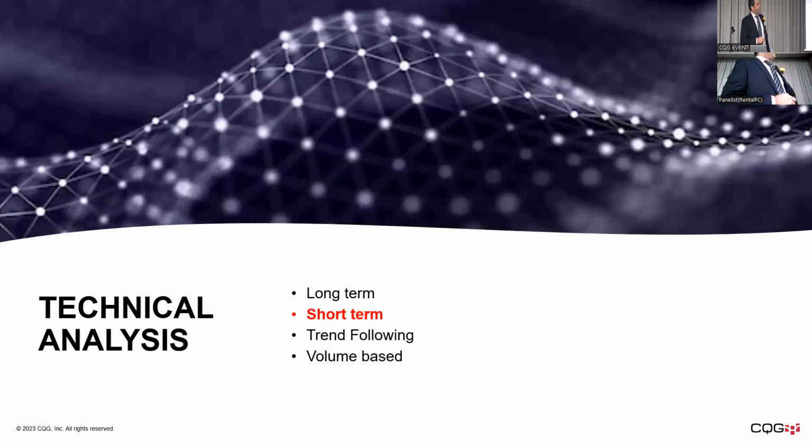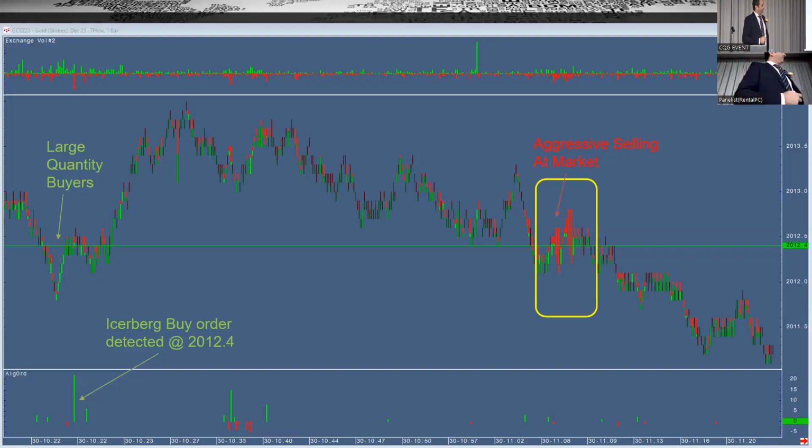Okay, so for the short term, it's going to look a lot different. We're looking at not a time-based chart type, but we have a T-flow chart, which is a non-timed bar.